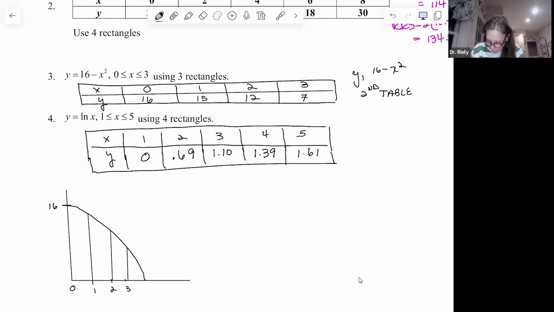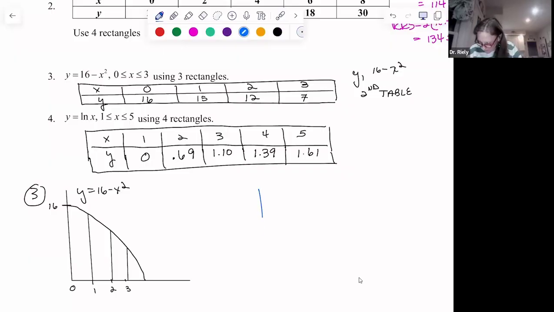Okay, so that's number 3, and that was y equals 16 minus x squared. And then the setup for number 4 is going to look like this. So it's a natural log function. What's going to happen is this is going to start about here and then go through like that.